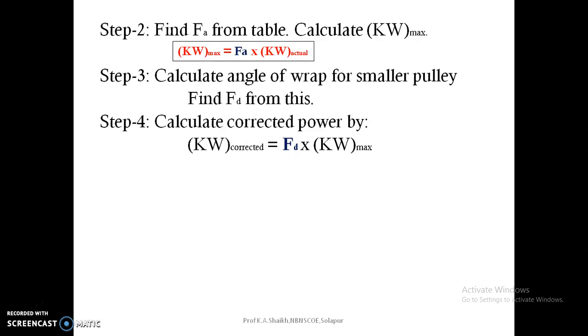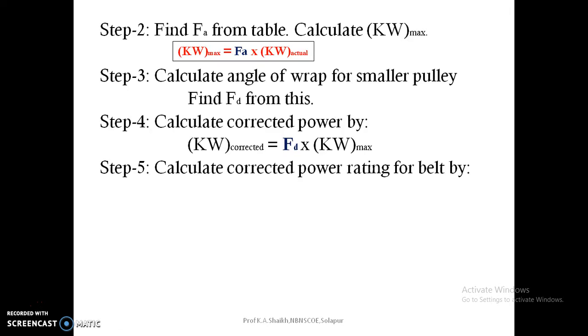Means the fourth step is that you have to find out the kilowatt corrected, means the corrected power for the given arc of contact. So we are multiplying the factor which considers the arc of contact, that is FD, and we will get kilowatt corrected. Now each company has its own rating.